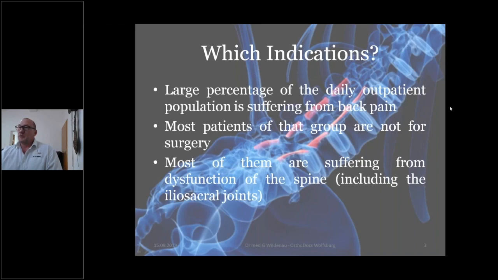Now, the everyday patient in orthopedics, if there wasn't a trauma, is not for surgery. About 90% of our patients are not for surgery. 90% is also about the number of patients that we see that have impairments of the spine, or actually one can say we have 100%.